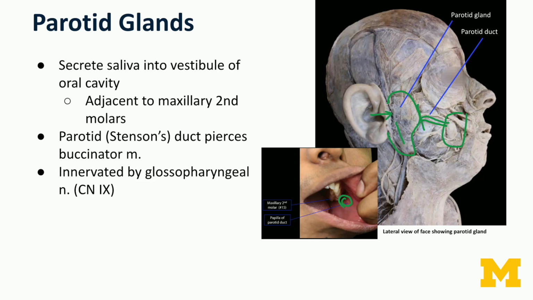So it is posterior in that oral vestibule against the molars, where parotid salivation occurs. The parotid gland is served by the glossopharyngeal nerve. So the preganglionic parasympathetic fibers come from cranial nerve 9.